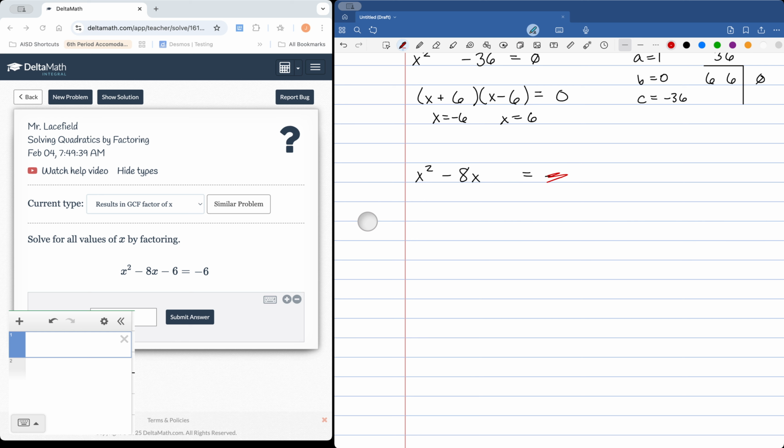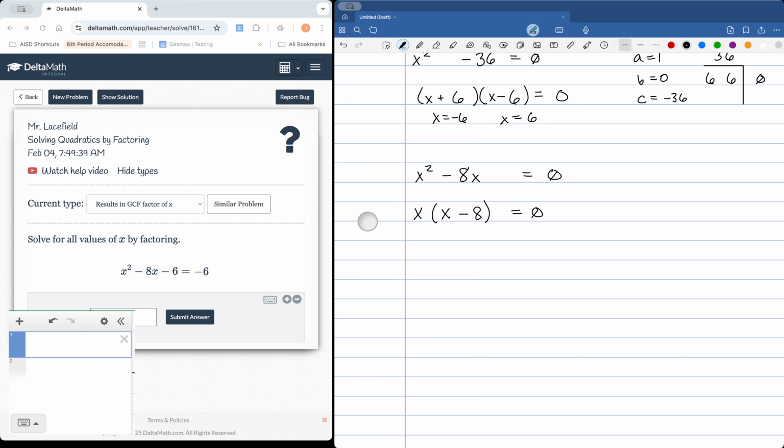That's just going to leave us with 0 on the right side. And now I don't have the constant term on this one, so what I can do is factor out an x from each of these. So we have x times, what do I multiply x by to get x squared? Well, I need an x. What do I multiply this x by to get the negative 8x? Well, I need it to be minus 8. And that's going to equal 0.